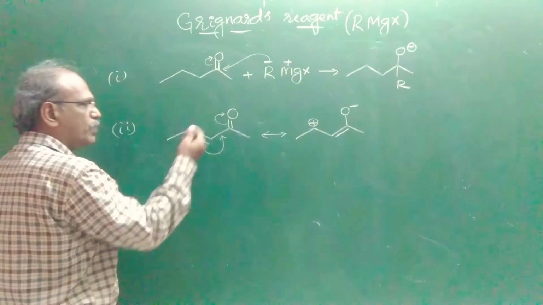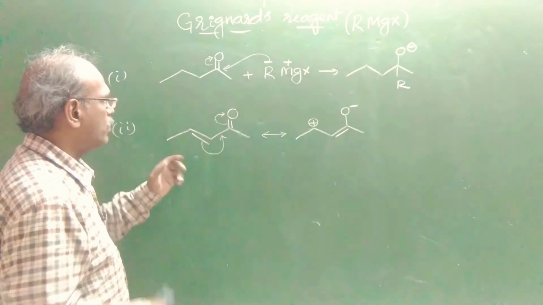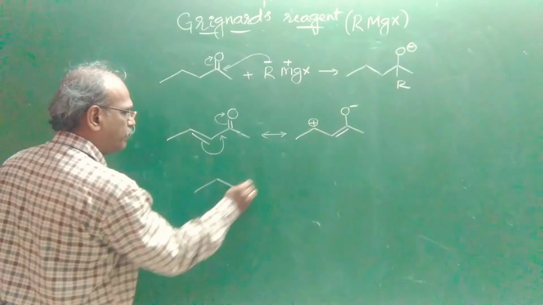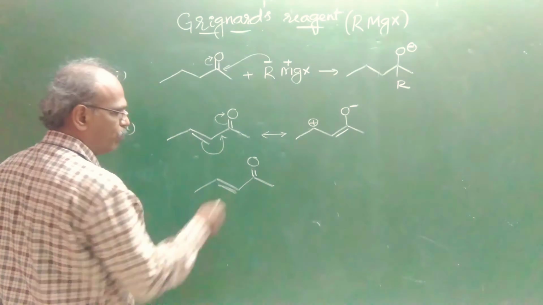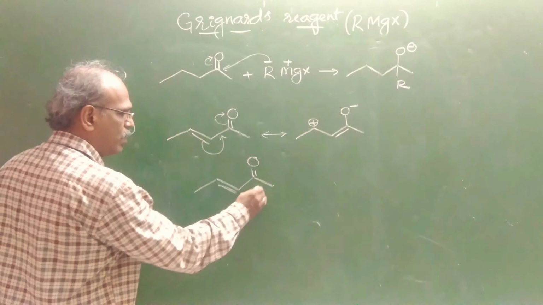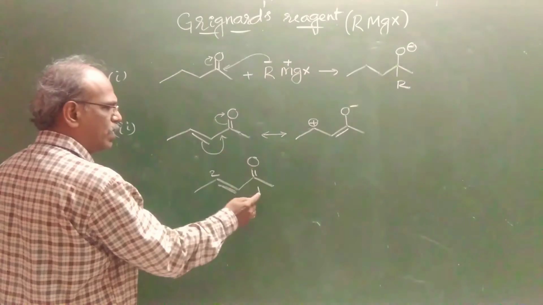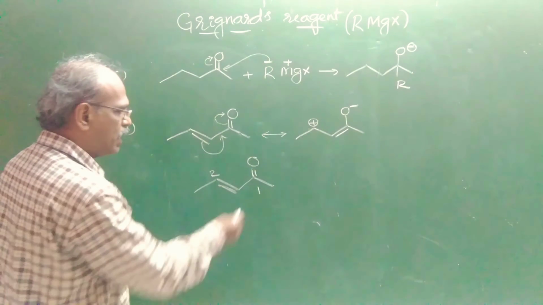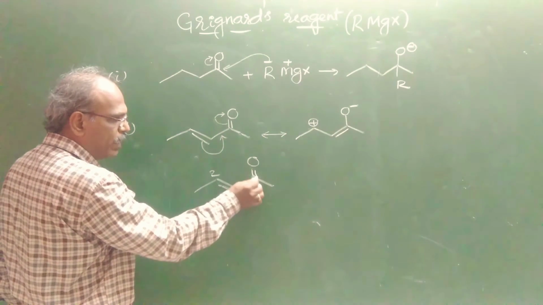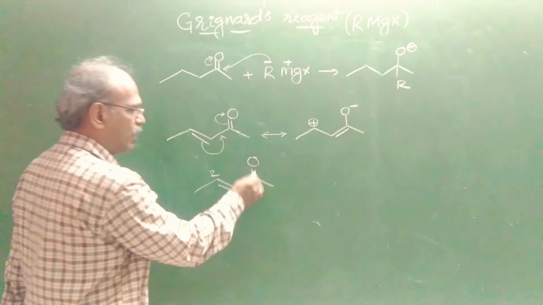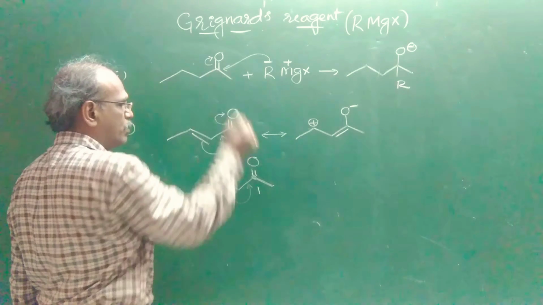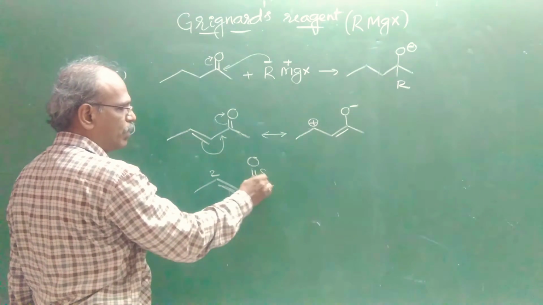Now tell me, see the positive charge in this structure. More quantity of positive charge is on 1 or 2? Clearly on 2, because on this carbonyl carbon, due to resonance, it gets delta plus, no doubt, because of electronegativity difference.